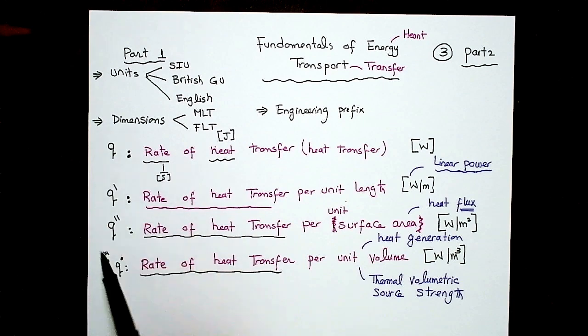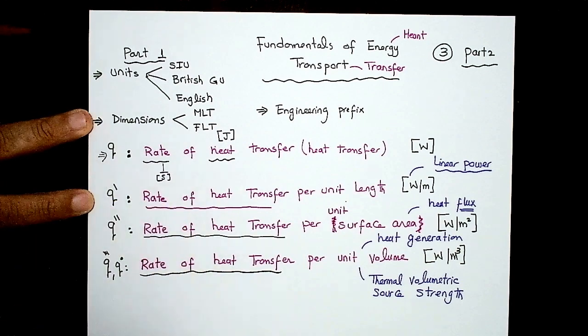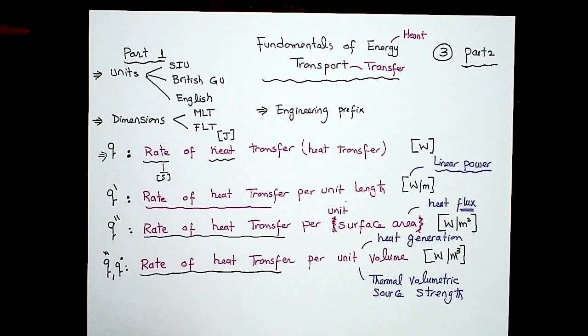So they are really connected. This is the most important one. Then, depending on the given information in the problem, you can calculate Q prime, Q double prime, Q triple prime from the known value of Q. So these are the quantities that we're going to calculate along the term.